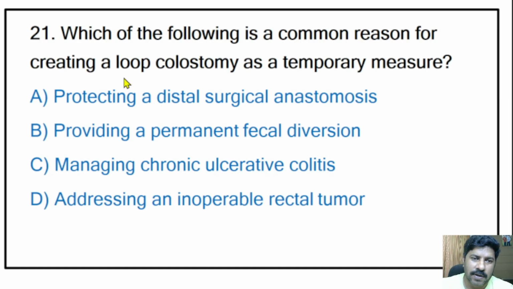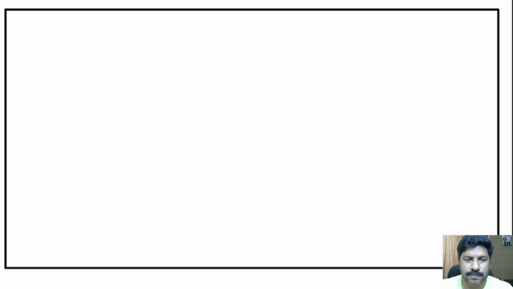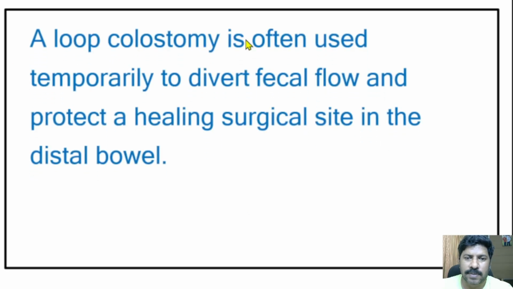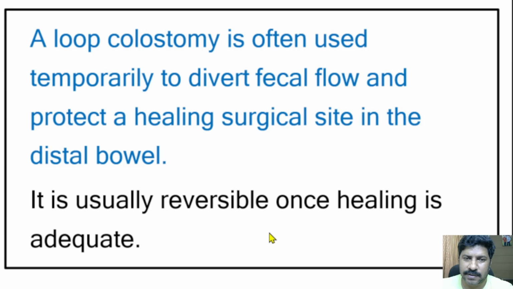Later the colostomy will be reversed. It's an example of a temporary colostomy. A loop colostomy is often used temporarily to divert fecal flow and protect a healing surgical site in the distal bowel. It is usually reversible once healing is adequate. So it is an example of a temporary colostomy, and after that reversal is possible.